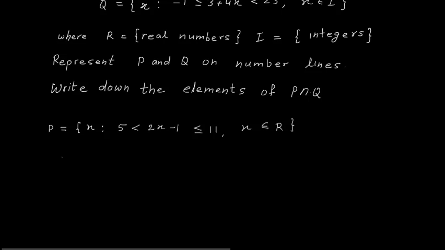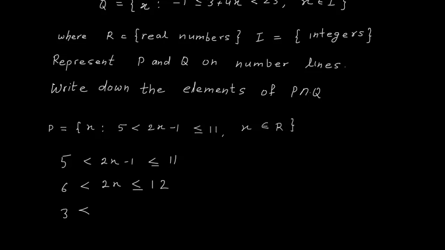So I will write 5 less than 2x minus 1, which is less than or equal to 11. Now we add 1 on both the sides. So we will get 6 is less than 2x is less than or equal to 12. And then we divide by 2. So 3 is less than x, which is less than or equal to 6, since 12 divided by 2 is 6.